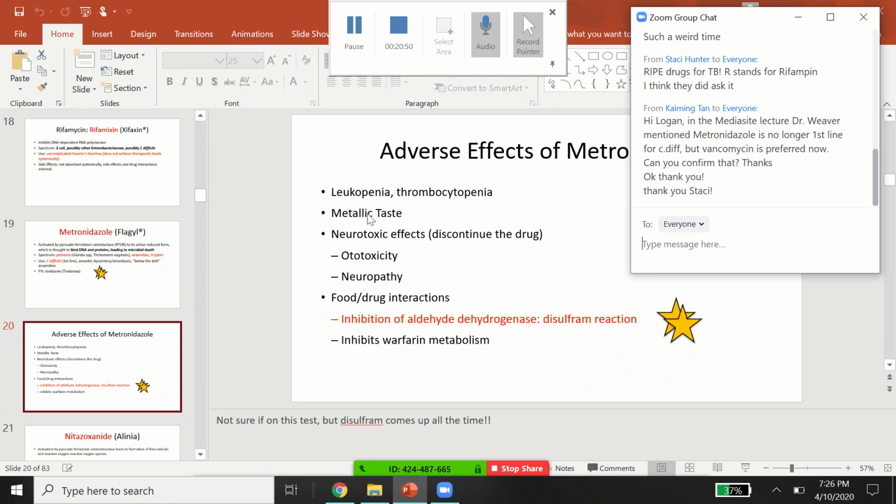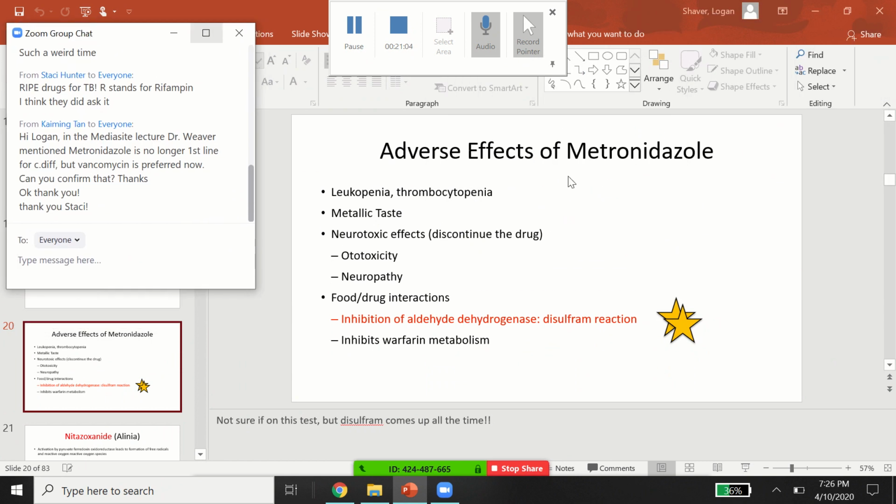Yeah, that's pretty much the same explanation, but I appreciate the added comments. I didn't remember that portion, but I definitely remembered the other stuff. Along with metronidazole, if you take it with alcohol, you can get a disulfiram reaction.